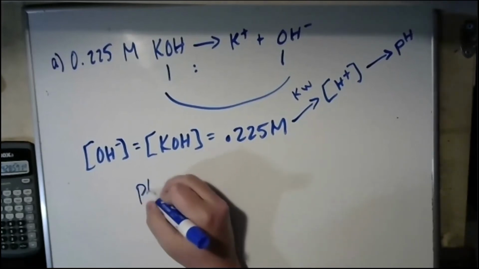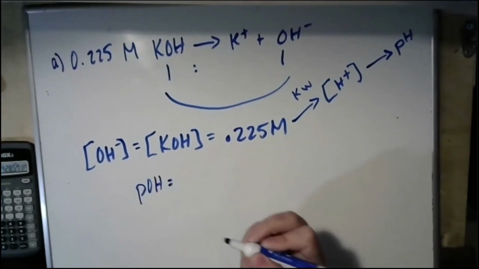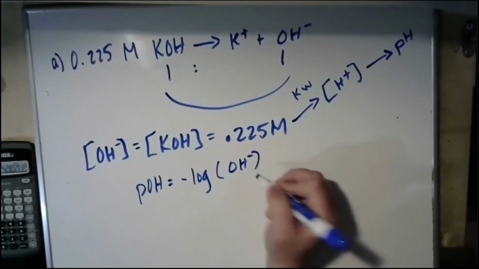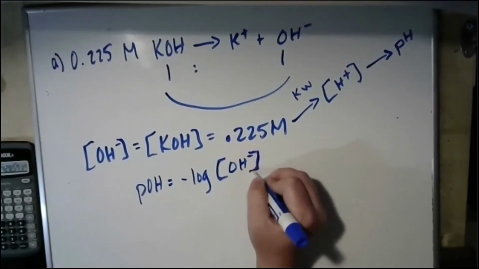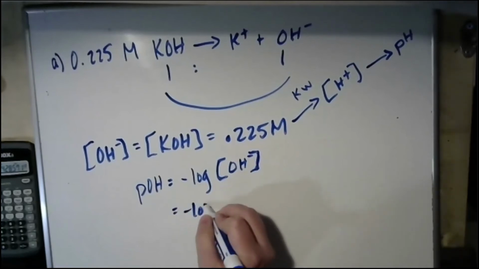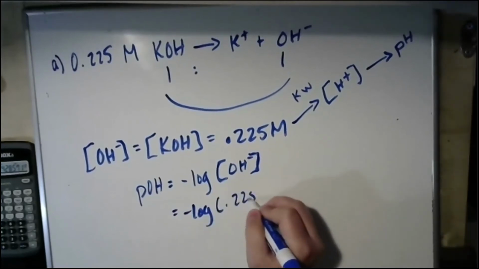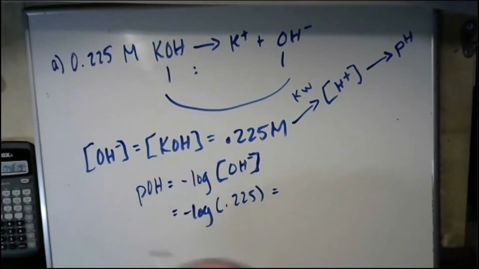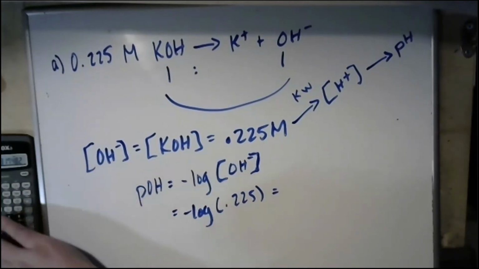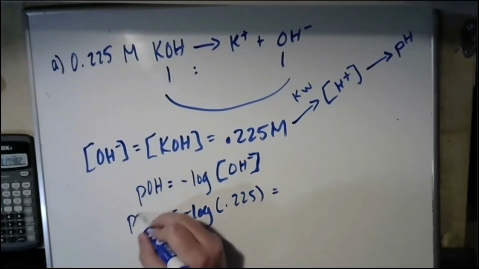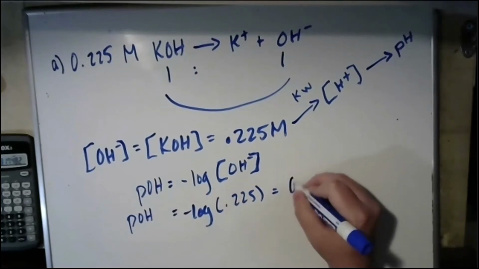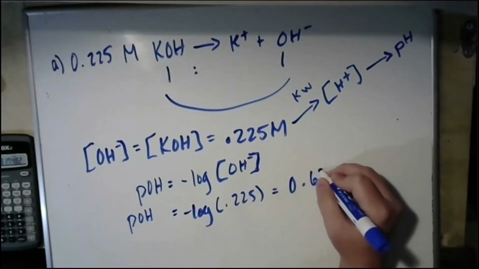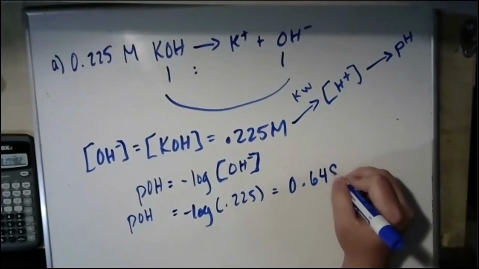I'm going to find the pOH from this, so I'm going to take the negative log of my OH minus concentration. So my pOH is going to equal 0.648.